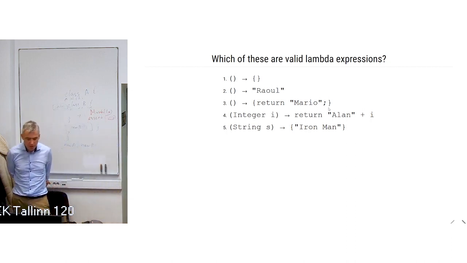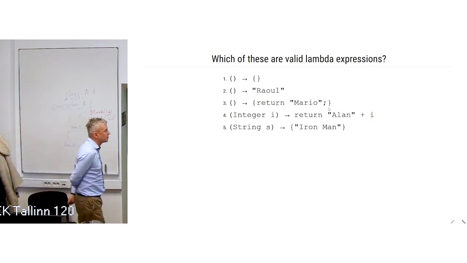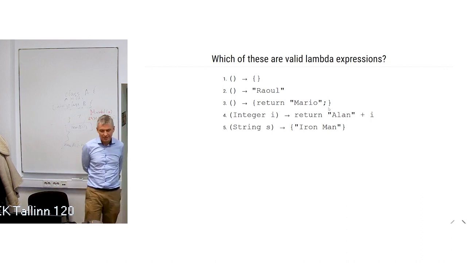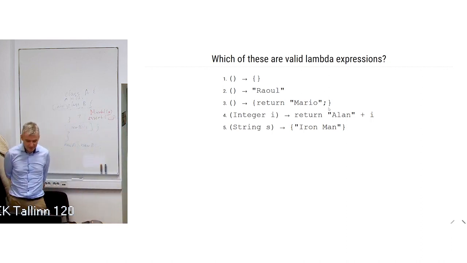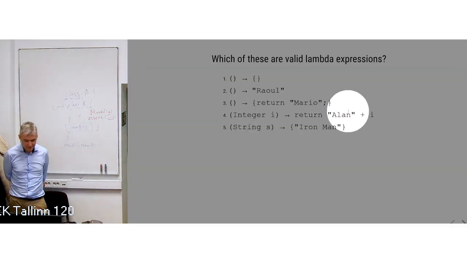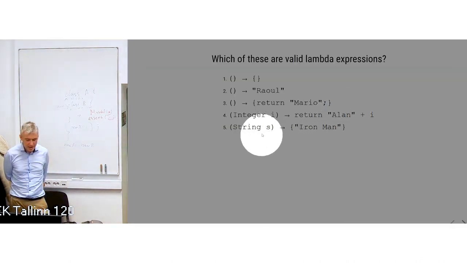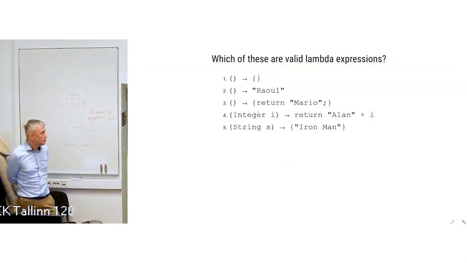Okay, what about the fourth one? Is it valid or not? You can't return like that. Why? But we didn't initialize i. It is a parameter here.